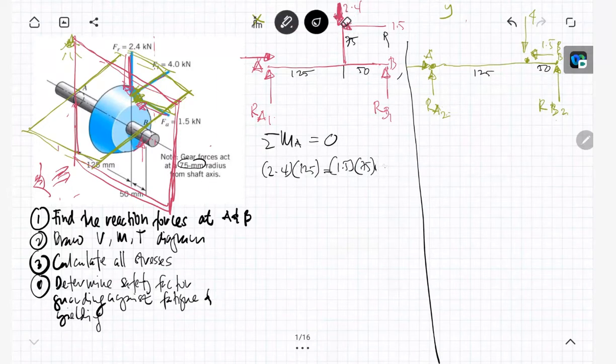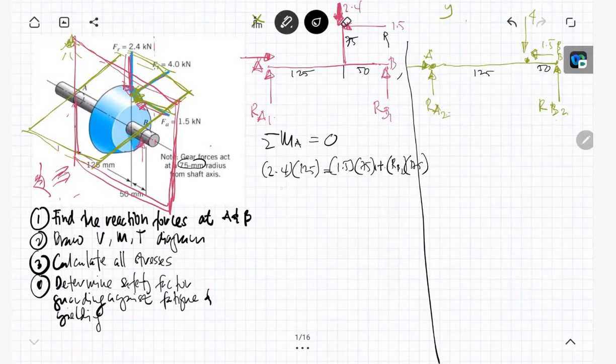Okay. Plus RB1 times total 125 plus 50, 175.